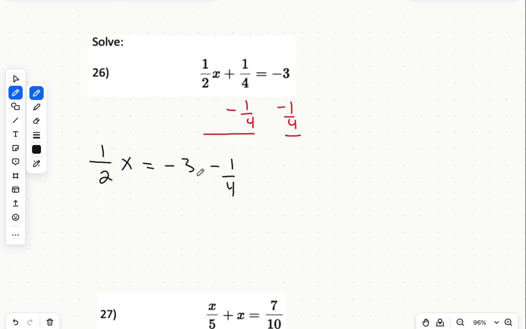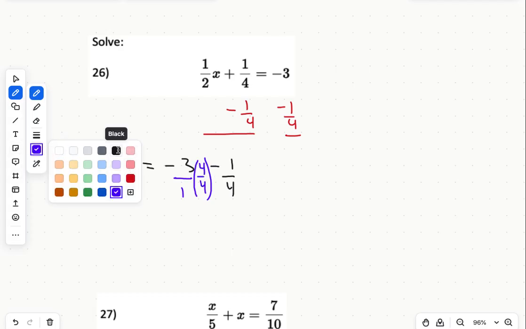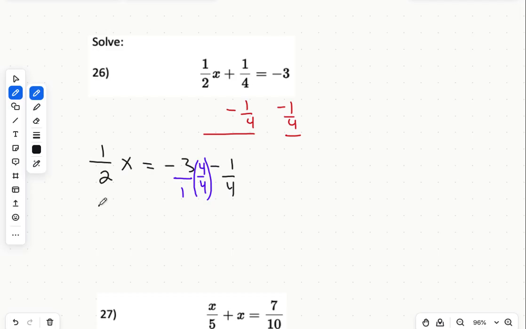So to subtract these, I would need a common denominator. In this case, that 3 is a whole number, so I would think of it as over 1. And then I'm just going to slip in there and write 4 over 4, because that will give me a common denominator with this 1/4. So let me rewrite that so it's a little bit easier to see.